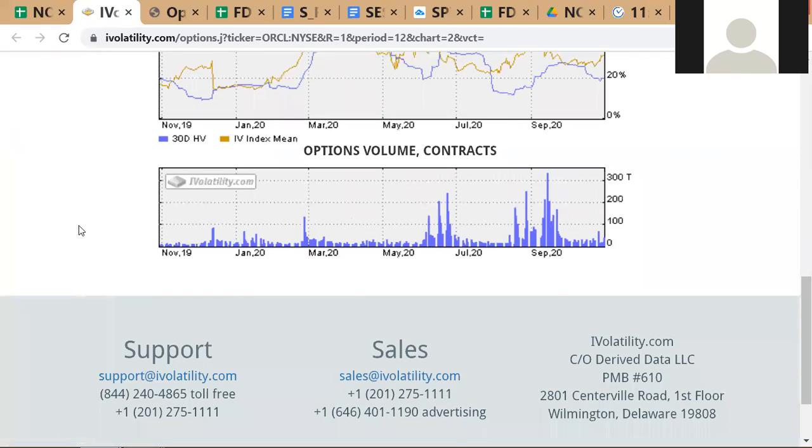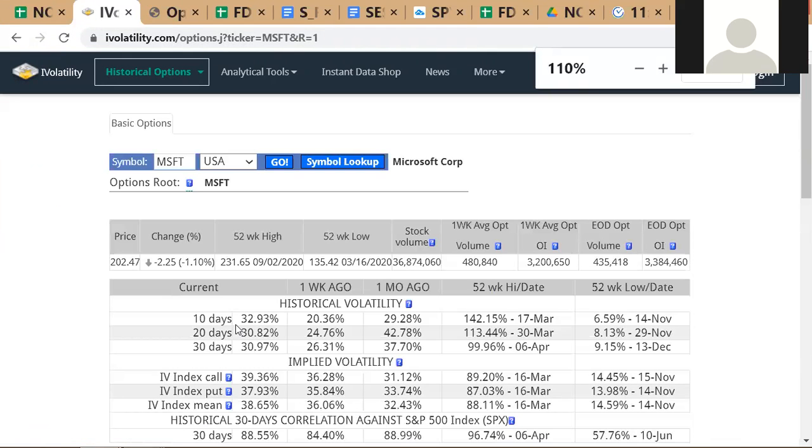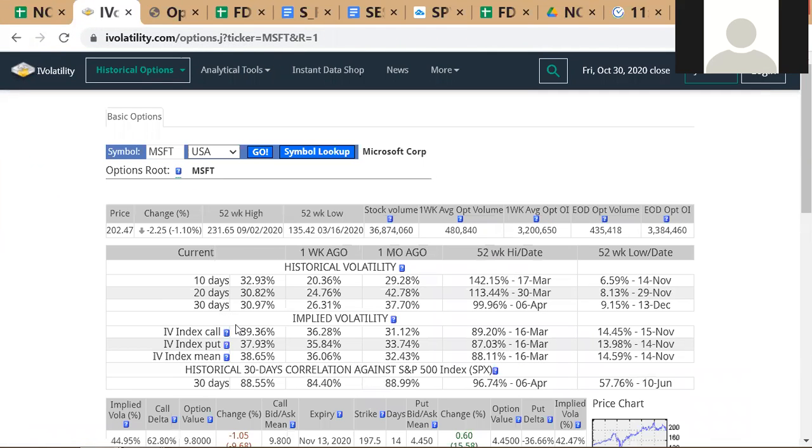Something's happened here. It's not loaded properly, actually. Let's make it Microsoft, because when it loads, maybe my Zoom was too big.